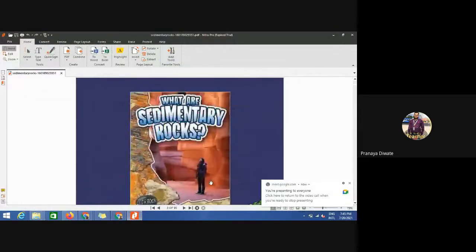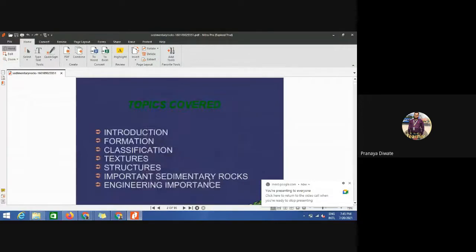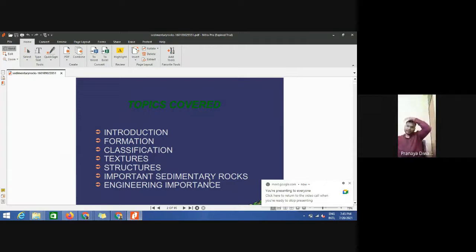The topics we are covering in this lecture are: sedimentary rock introduction and formation, how the sedimentary rock is formed, then classification of the sedimentary rocks, texture, structure, important sedimentary rocks, and engineering importance of this rock. So these are the different topics we are going to see.